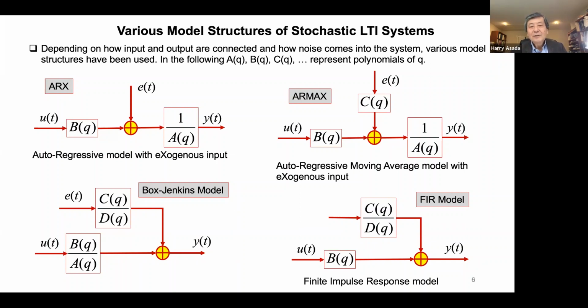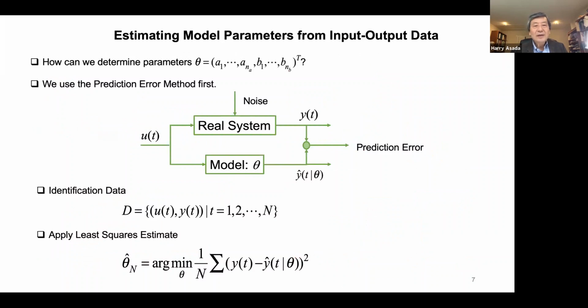Okay, so now, estimating model parameters from input-output data. What we would like to do is to estimate, if you look at the forward path, the A's and B's that are involved. And we would like to use the prediction error method. We've been using this repeatedly, and we use the same framework here.